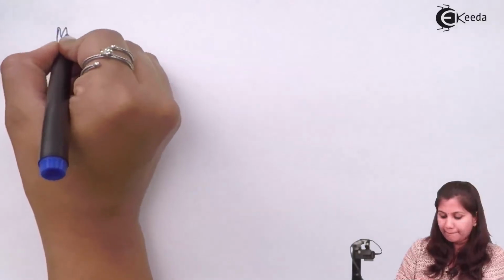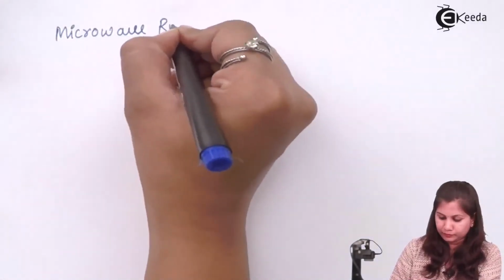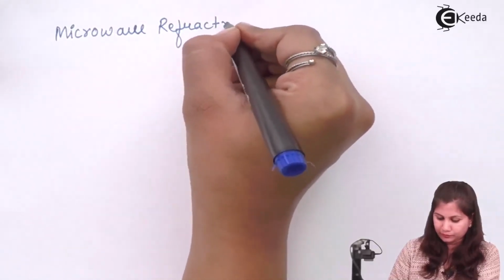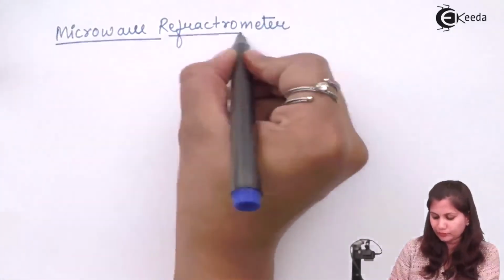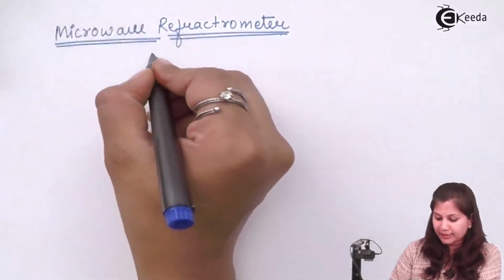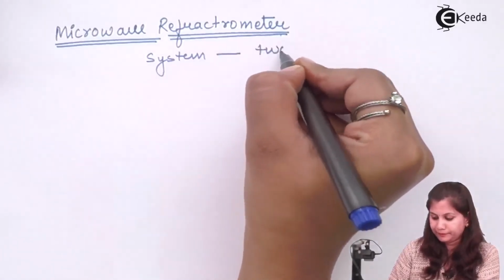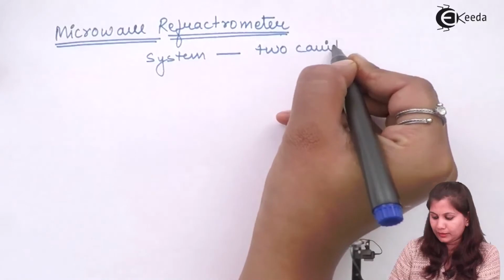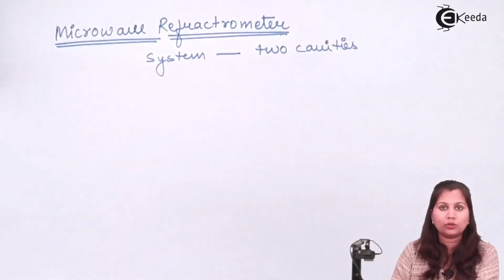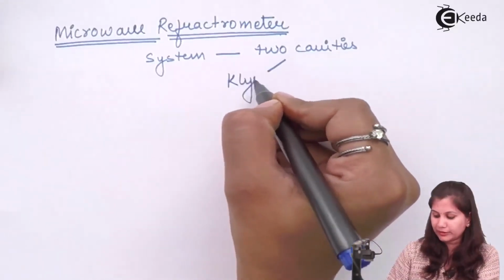So, the next type of hygrometers which are used for humidity measurement are microwave refractometers. This system consists of two cavities, and each of the cavities is coupled with a klystron.